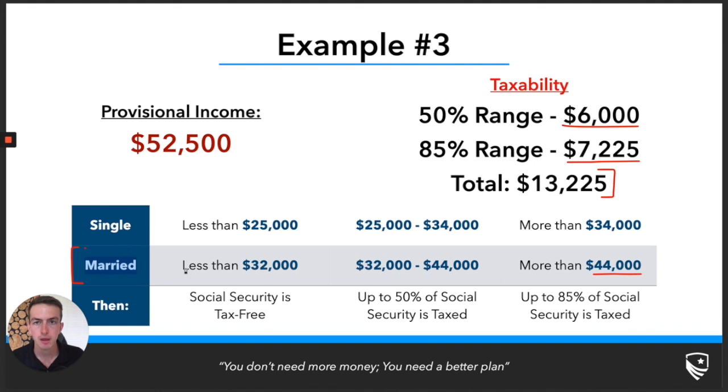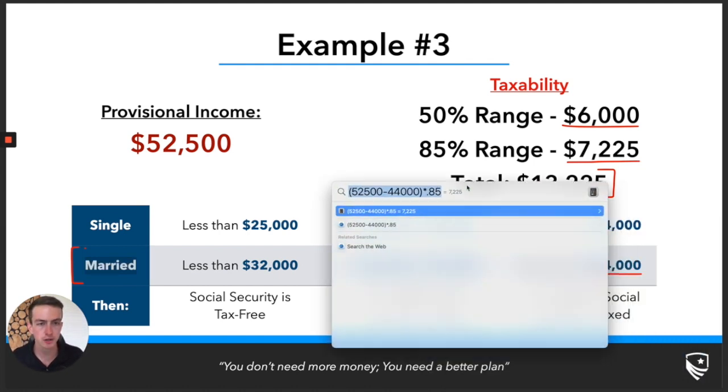Well, the standard deduction, now granted, if this person was filing at 70, they would get the add-on standard deduction. You get an add-on if you're over 65, but let's just use the basic standard deduction of $25,100. So if we take the standard deduction of $25,100 and we subtract that out of this person's taxable income of $28,225, let's actually do this just with this calculator here.